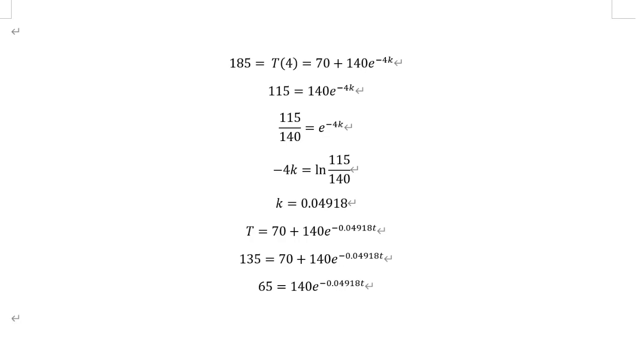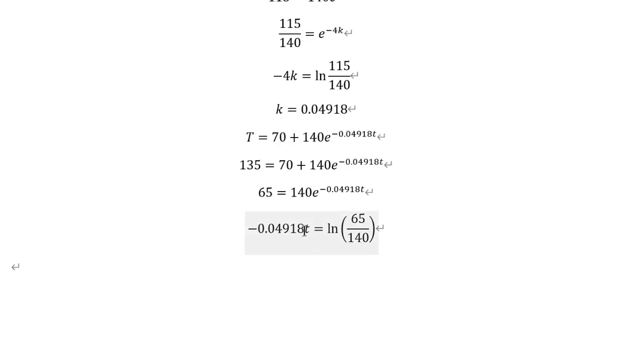By dividing by 140 and taking the ln, we see that negative of this value is ln of 65 divided by 140. And therefore t should be this value divided by negative 0.04918.